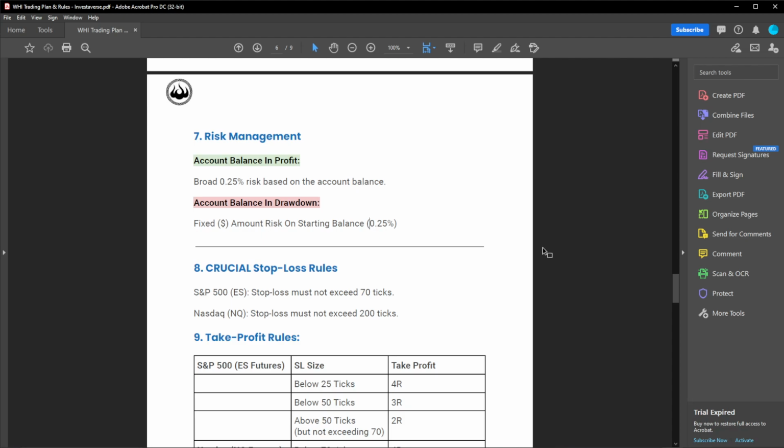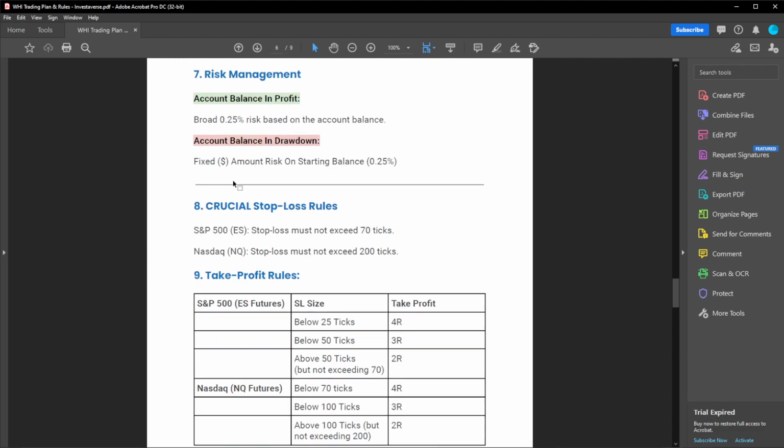That should be $62.50. So I would always be risking $62.50. But if the account was in profit, maybe like 26,000, I would do 0.25% risk based off of whatever the balance is. So not a fixed amount.